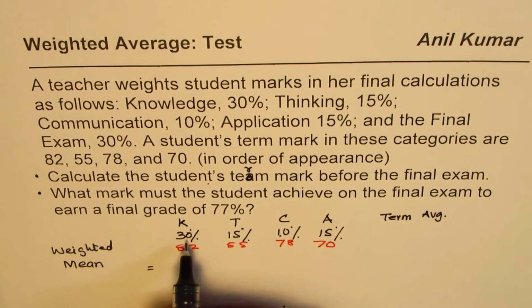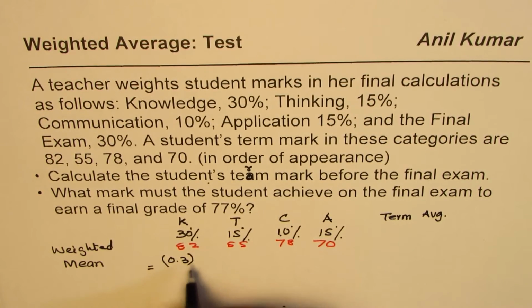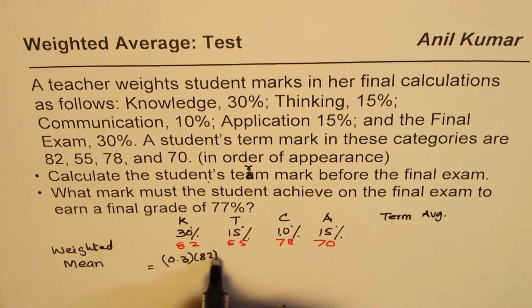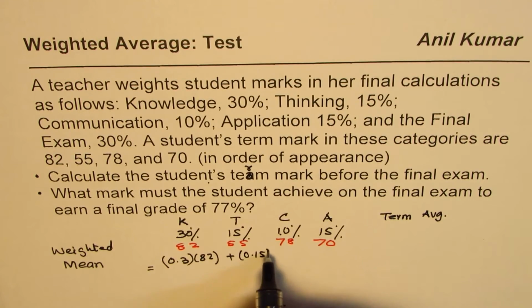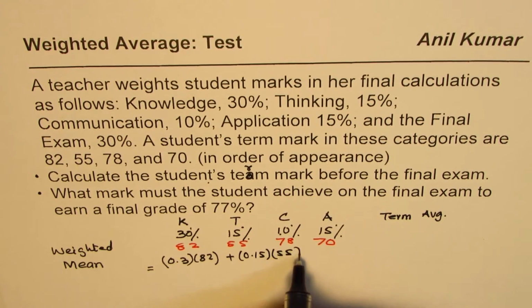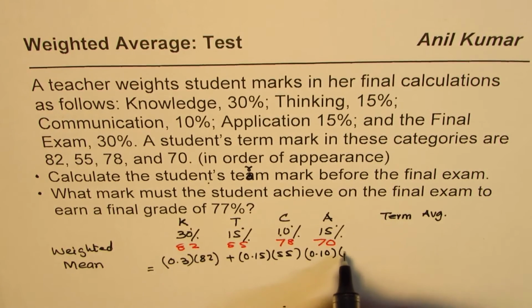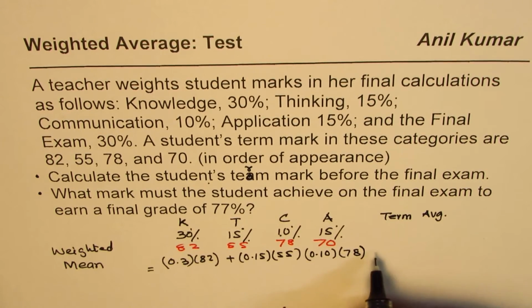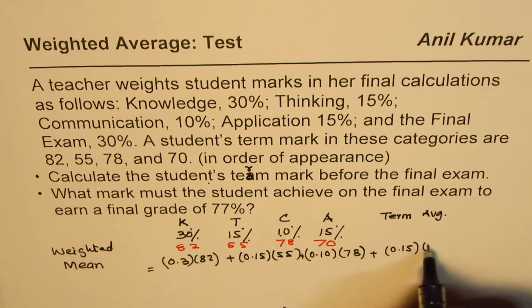So 30% is 0.3 times 82, plus 15%, 0.15 times 55, 10% means 0.10 times 78, plus 15%, 0.15 times 70.